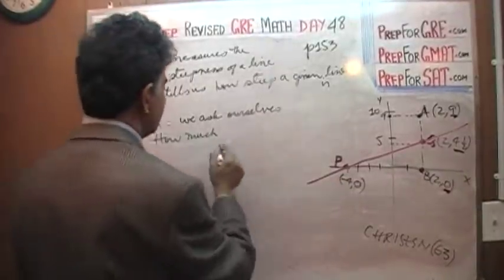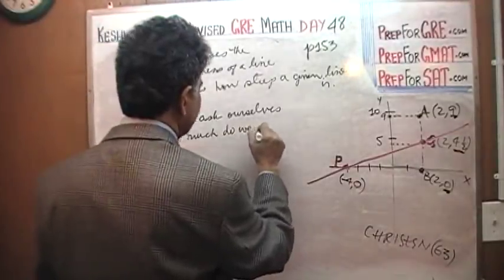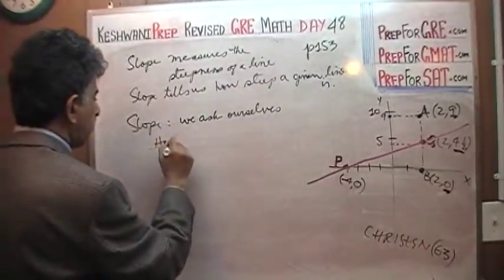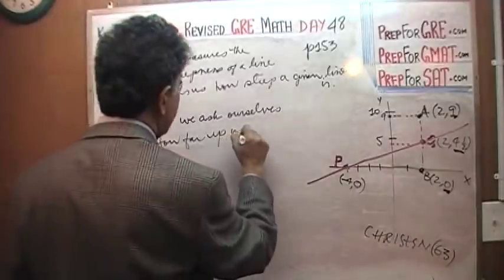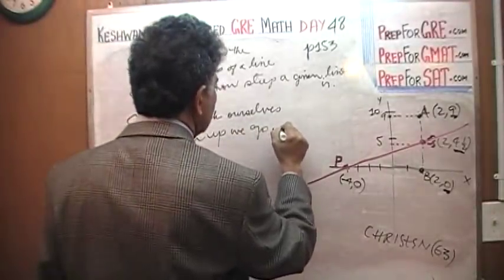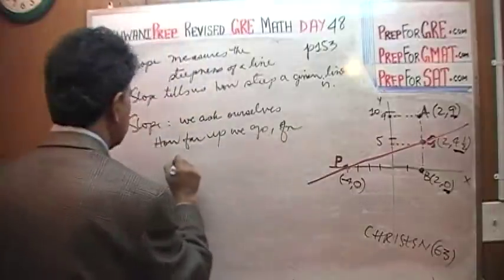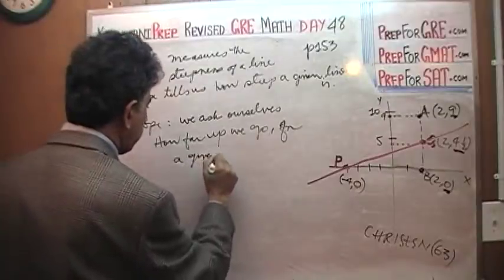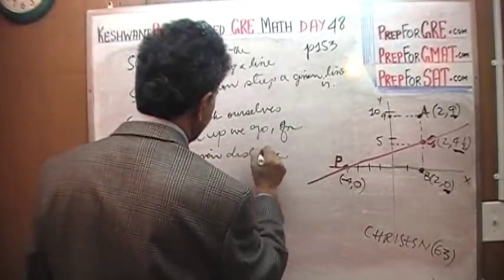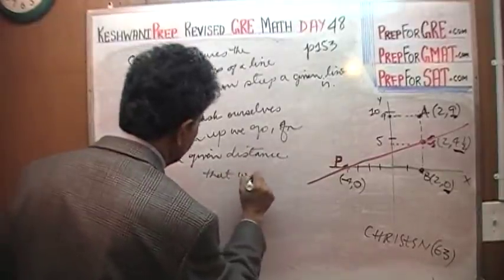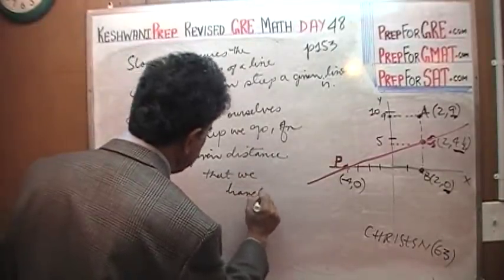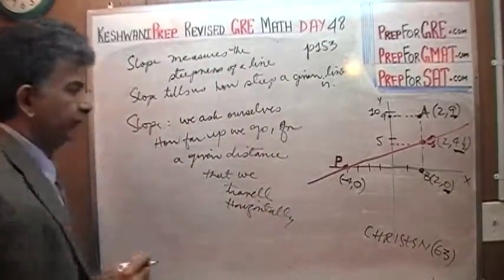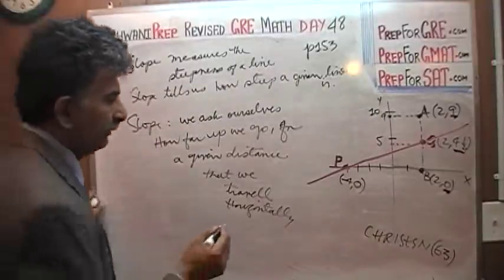How far up do we go for a given distance that we travel horizontally? For example, here, how much are we traveling horizontally?